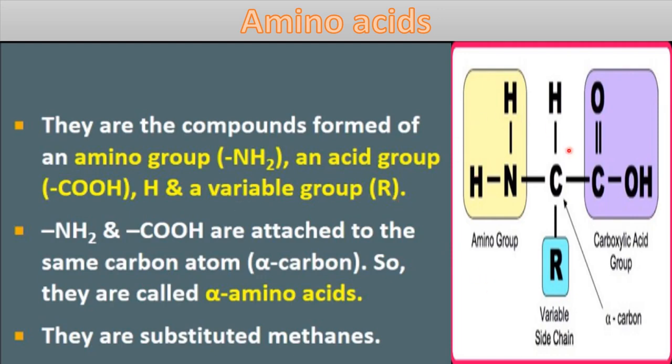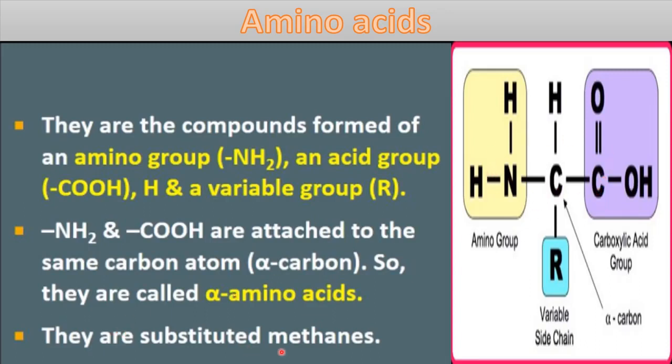So all these four groups are attached with one carbon, and this carbon is called the alpha carbon. That's why amino acids are also called alpha amino acids.